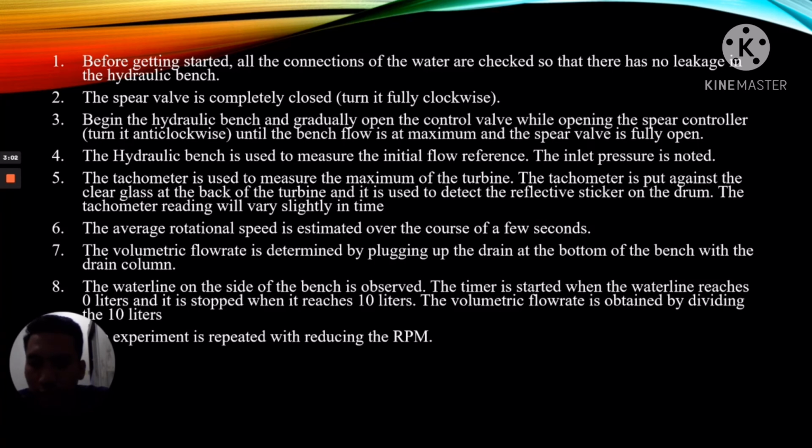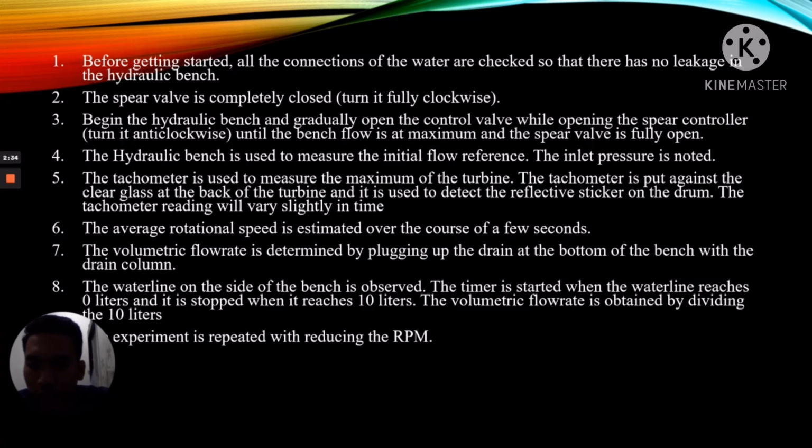The tachometer reading will vary slightly in time. So next, the average rotational speed is estimated over the course of a few seconds. Step number 7 is the volumetric flow rate is determined by plugging up the drain at the bottom of the bench with the drain column.